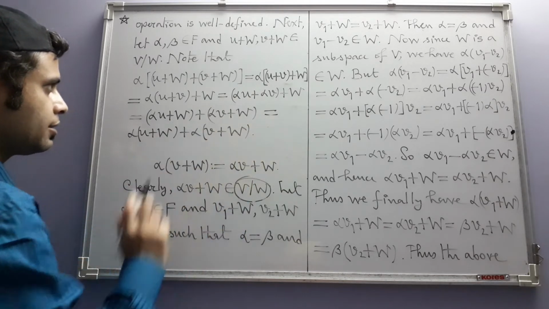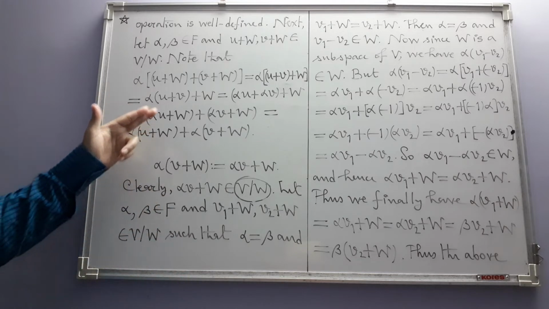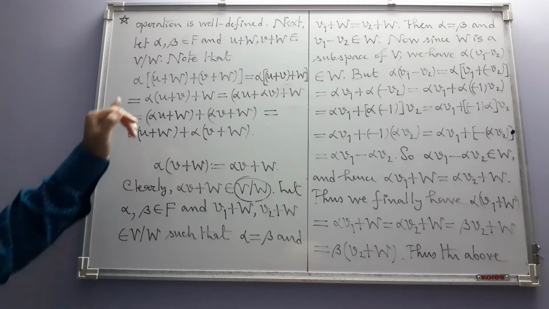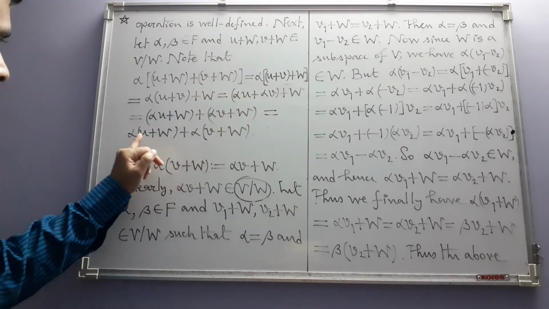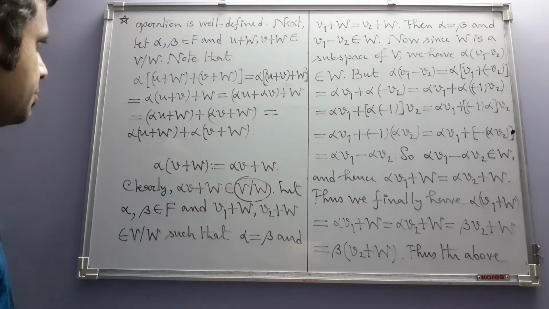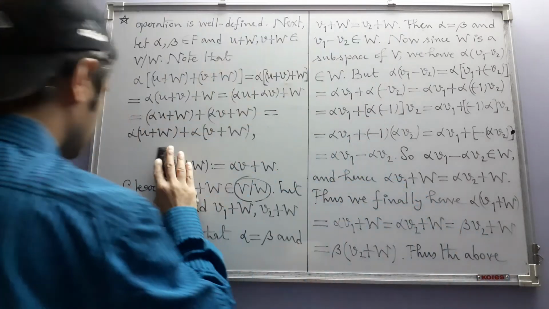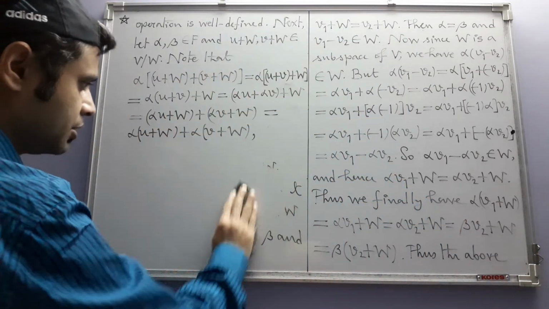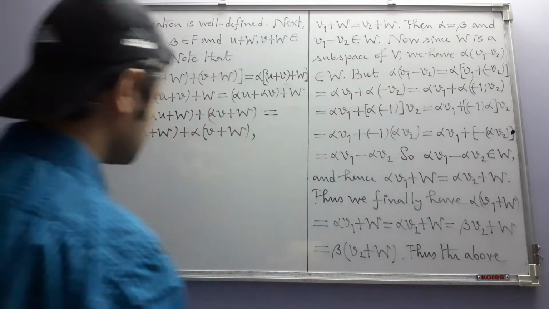So you see that axiom 1 for a vector space has been shown in V by W, because alpha times one vector plus another vector is equal to alpha times that one vector plus alpha times that another vector. So this is only one of the things. Then one by one we show that the other axioms are also satisfied.